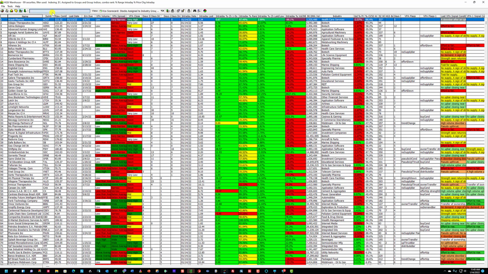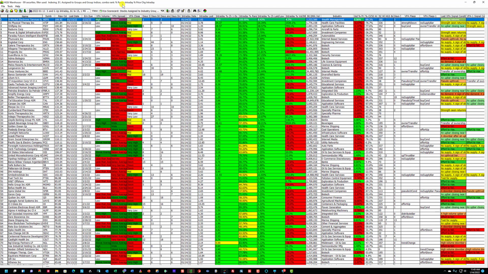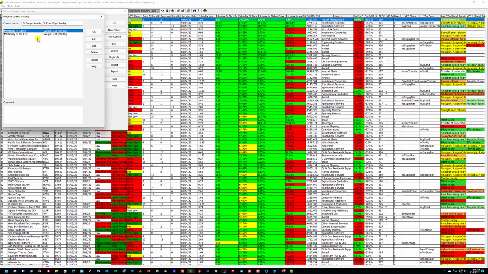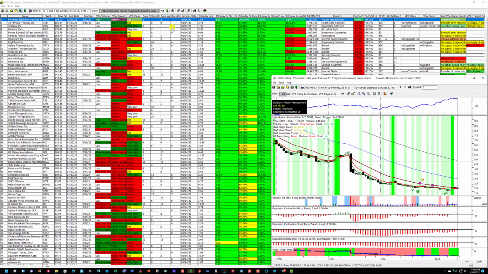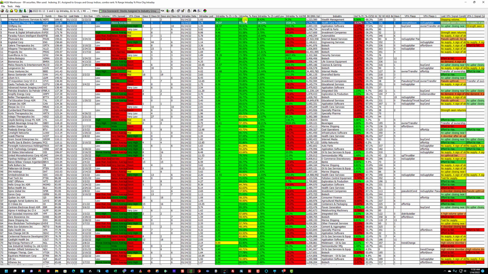Another thing you can do is sort on the raw combo, and this is the intraday range and the intraday price change, and it's going to bring the stocks exhibiting these qualities to the top of the list. Intraday range is weighted at 50%, as is the intraday one-day change. So if I bring this stock up, it's a very cheap stock, but it's up 8.43%, and it's trading at the top of its trading range.